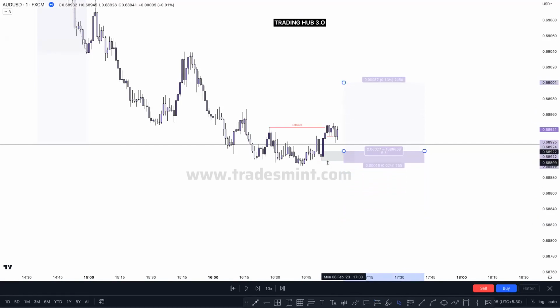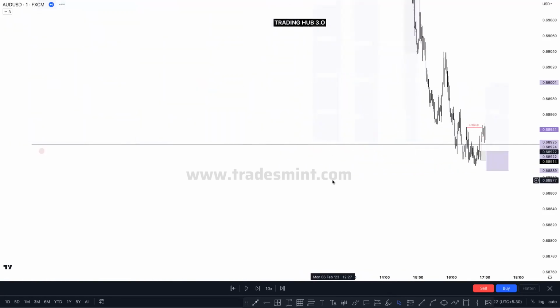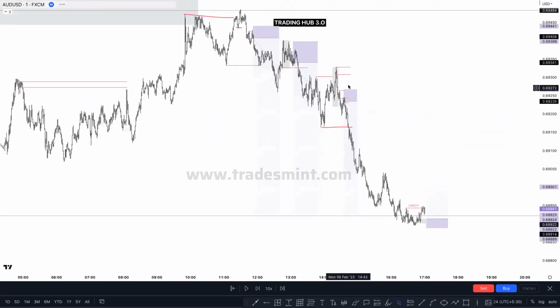This is a very small stop loss, 1.5 pips. For the safer side, you can put it just below, right? This is a very good stop loss here, 2.5 pips. And where is target? Target almost here.